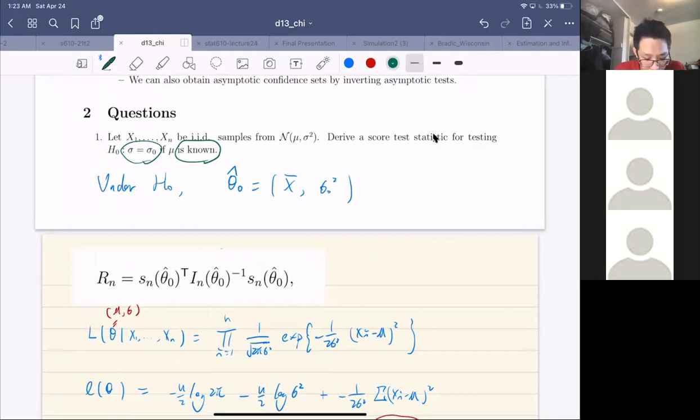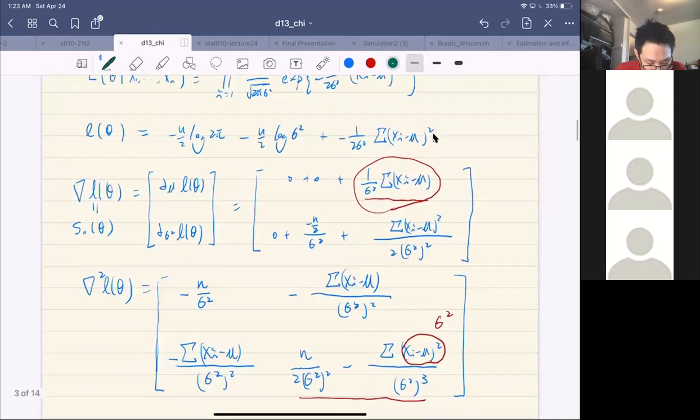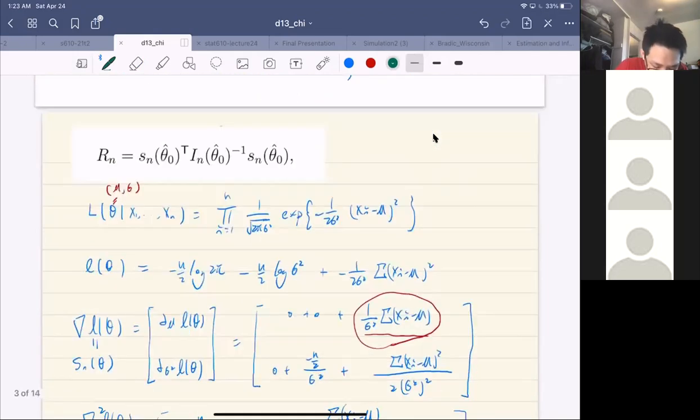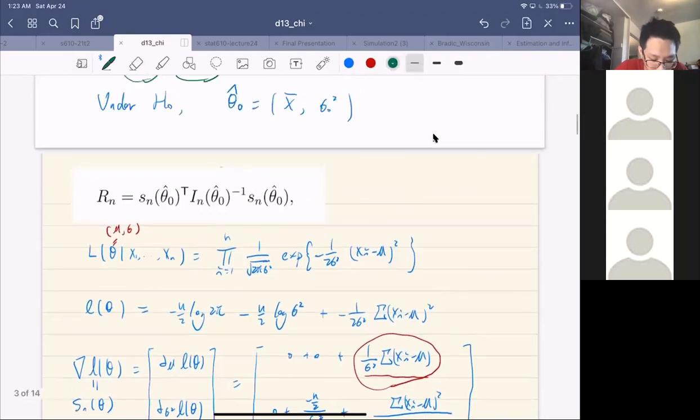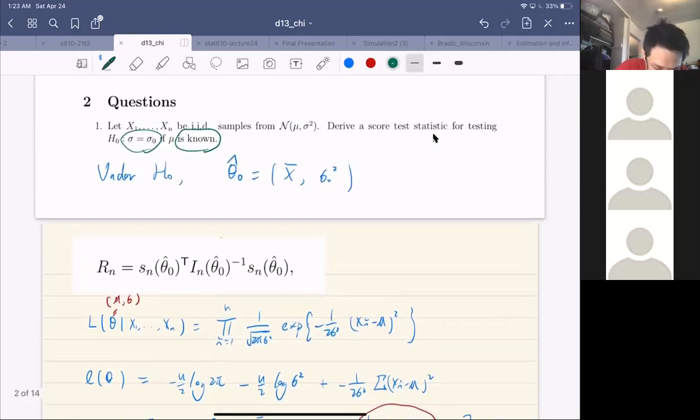So when we want to plug in theta hat null, this is the MLE under the null space. The null space is where sigma is fixed, so theta is sigma null and mu is unknown.